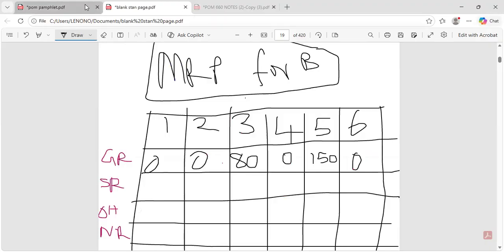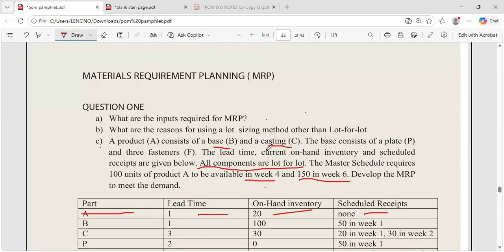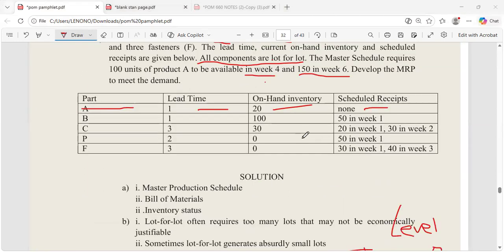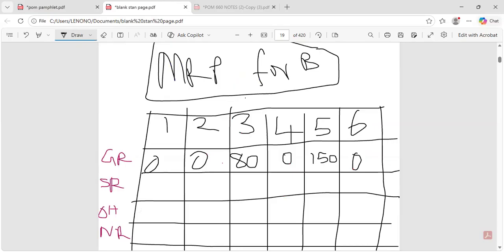So scheduled receipts, let's take the scheduled receipts for B. Do we have any scheduled receipts for B? For B, we have 50 in week 1, so the rest of these other ones are zeros.